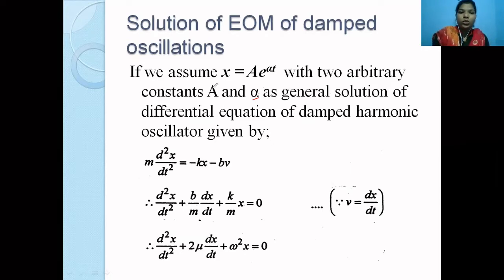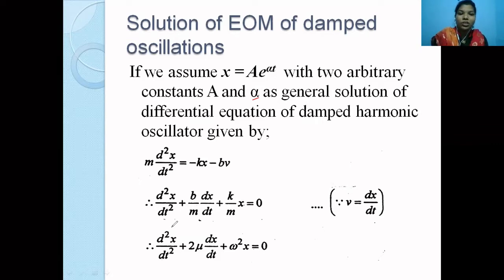The equation that we formulated in the previous lecture is m d2x by dt square equals minus kx minus bv. I'm going to bring it into a more general format by writing it in derivative form and then reshuffling it. So this is d2x by dt square plus b by m, in the place of v I'm writing dx by dt, plus k by m into x equals 0.